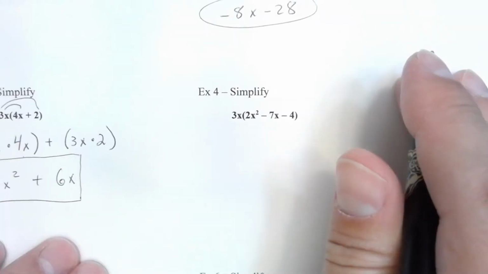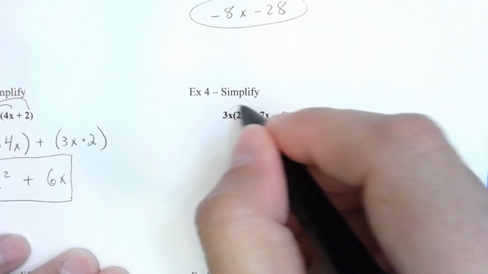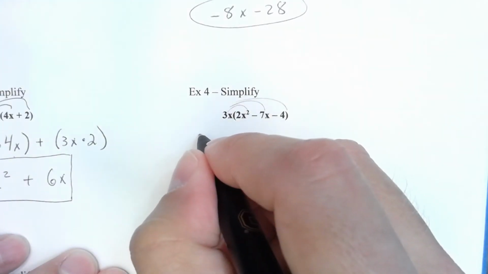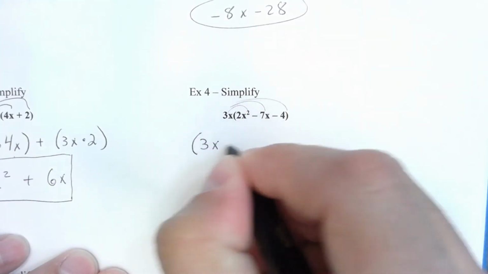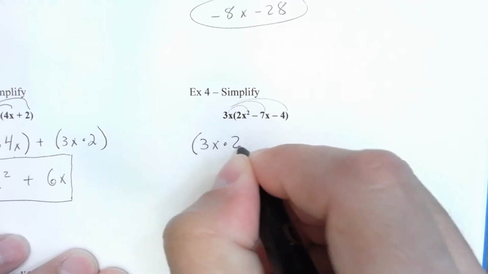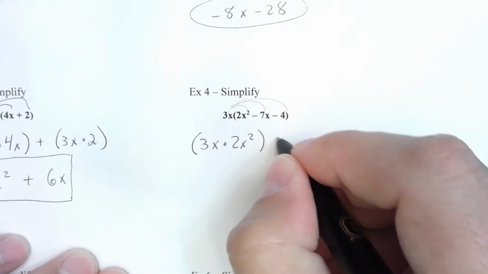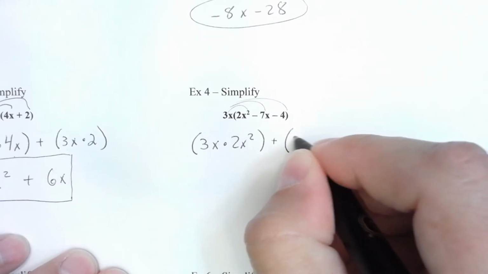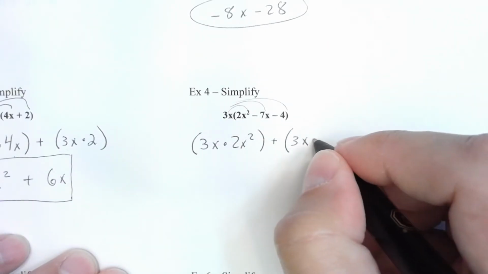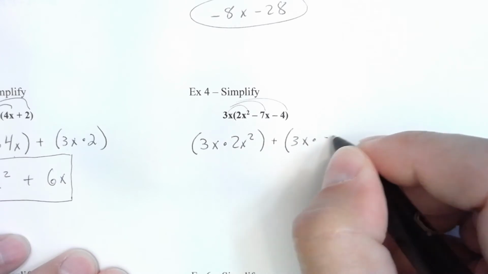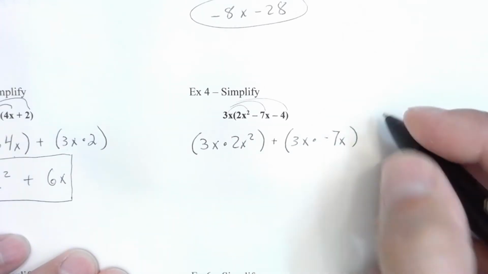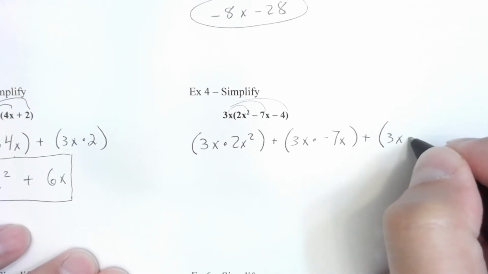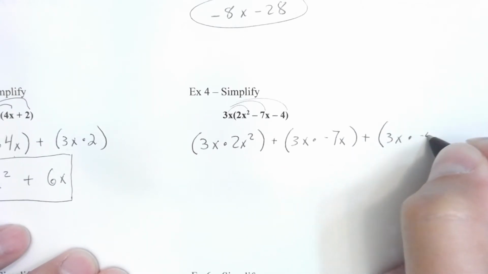Look at example 4. 3x here times each one of these. So you'll see 3x times 2x squared, 3x times negative 7x, and then 3x times negative 4.